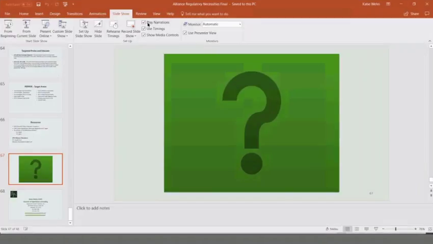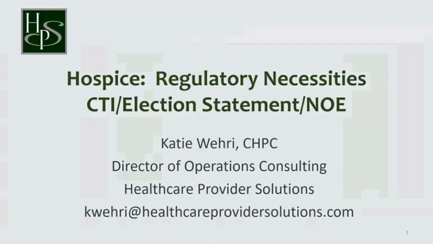If you would like to ask a question, please choose *6 on your telephone pad, and you can go ahead and ask now. Again, if you have any questions, go ahead and hit *6 on your telephone pad.